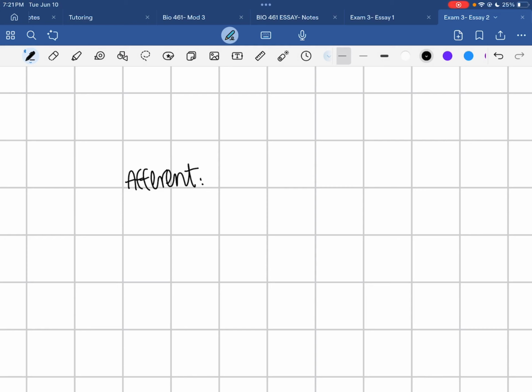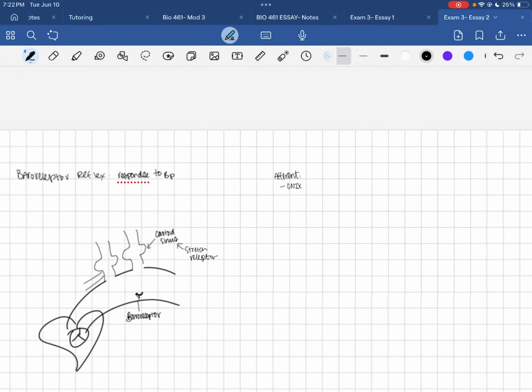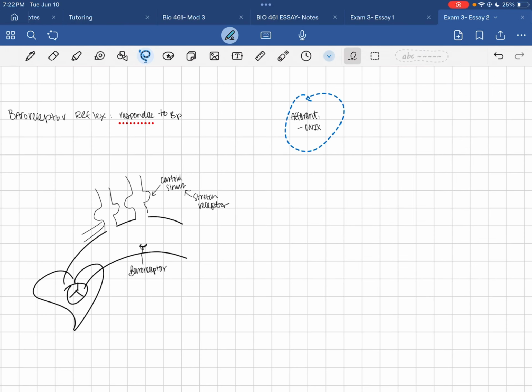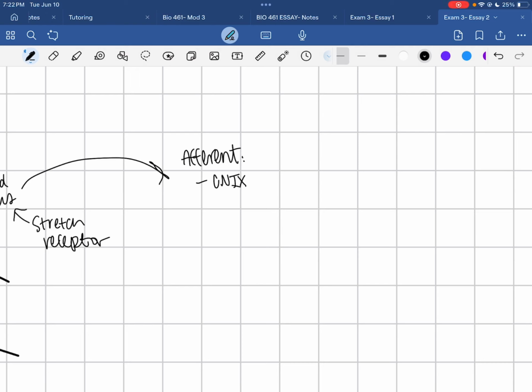We have afferent, which means that we're using our glossopharyngeal nerve, which is cranial nerve 9, from the carotid sinus.